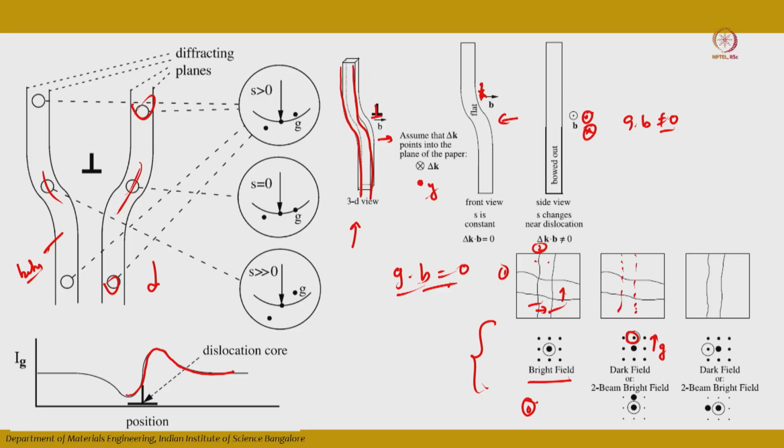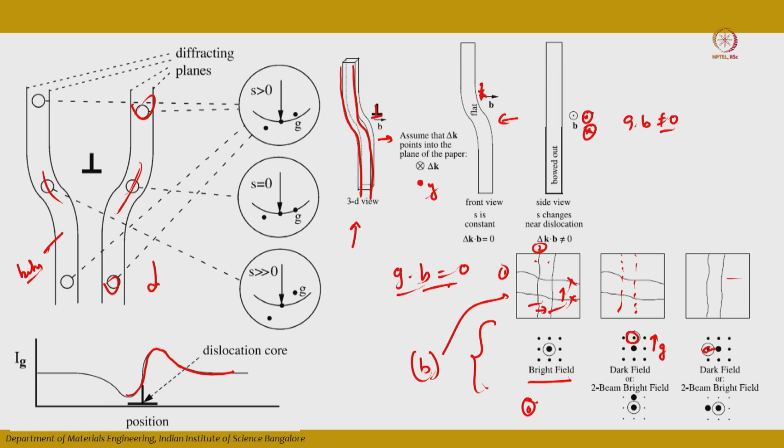If your G vector is in this other direction, these two dislocations are invisible. So by using the invisibility criteria, you can work out which Burgers vector corresponds to what type of dislocation in any sample.